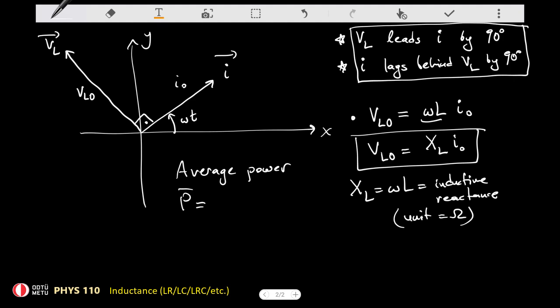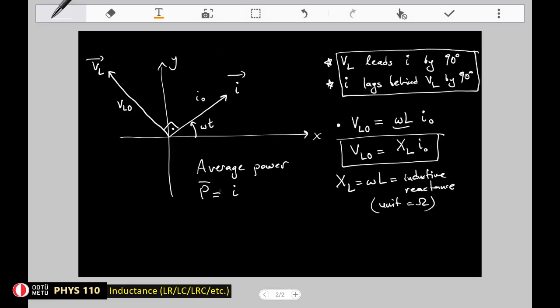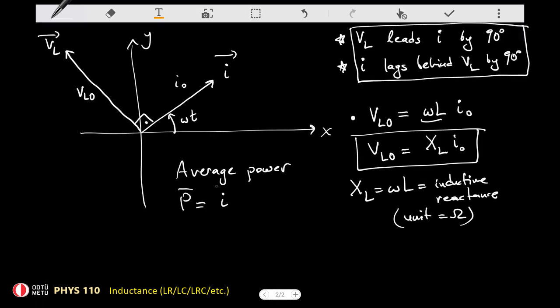It just stores some energy and then gives that energy back to the circuit. So therefore, the average power is equal to 0. But it is nice to see that this is also the result of the angle between the current and the potential difference. So I can express this as the dot product between the current and the potential drop, which is equal to 0.